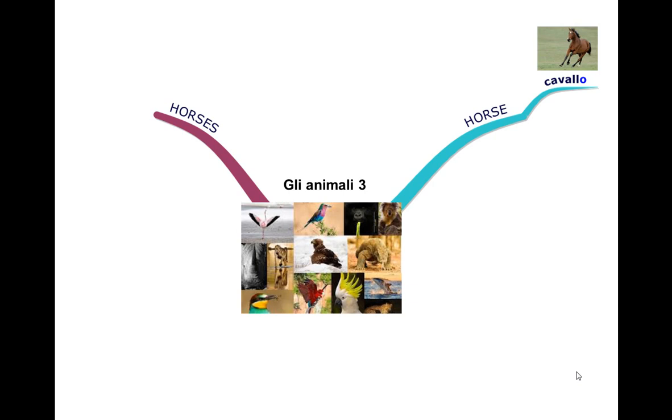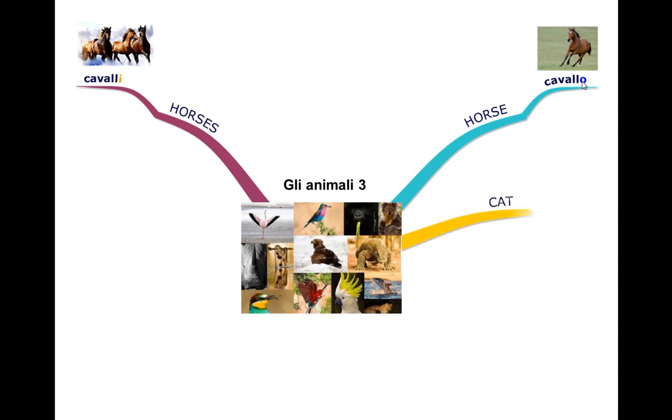In order to transform the noun into the plural, we observe that the word in the singular ends in the letter O, and we are going to change it to the letter I, leaving cavalli.